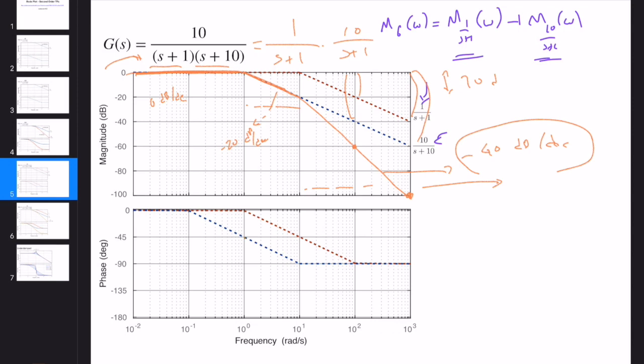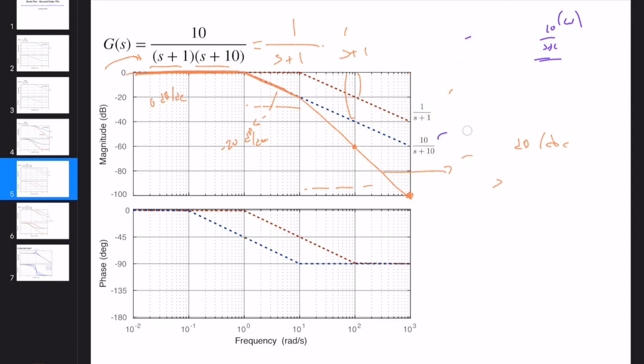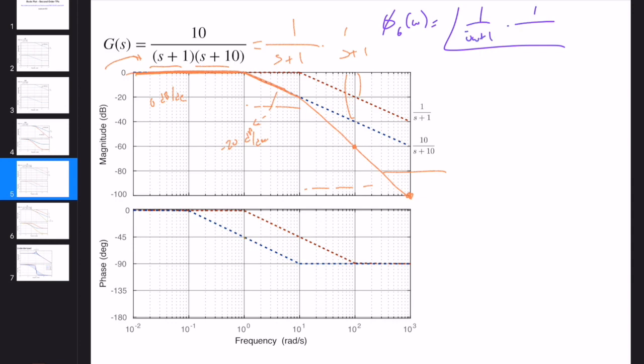And let's look at the phase, and we will see that we have the same structure. Everything is nice. So what is the phase? Phase of g at omega is equal to simply the phase of 1 over j omega plus 1 times 10 over j omega plus 10.